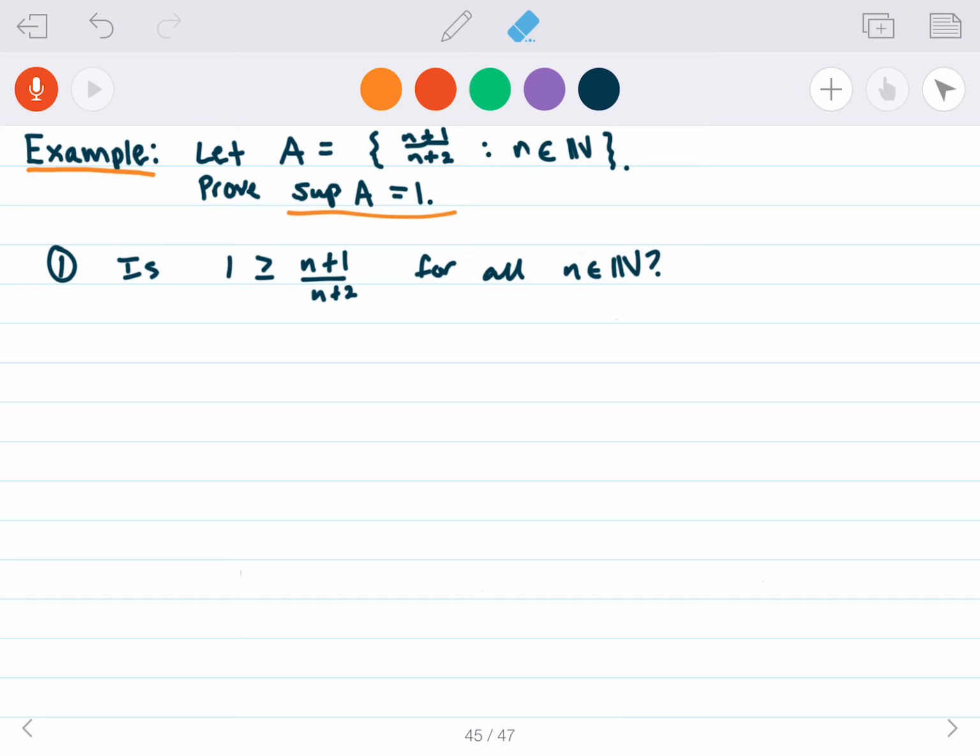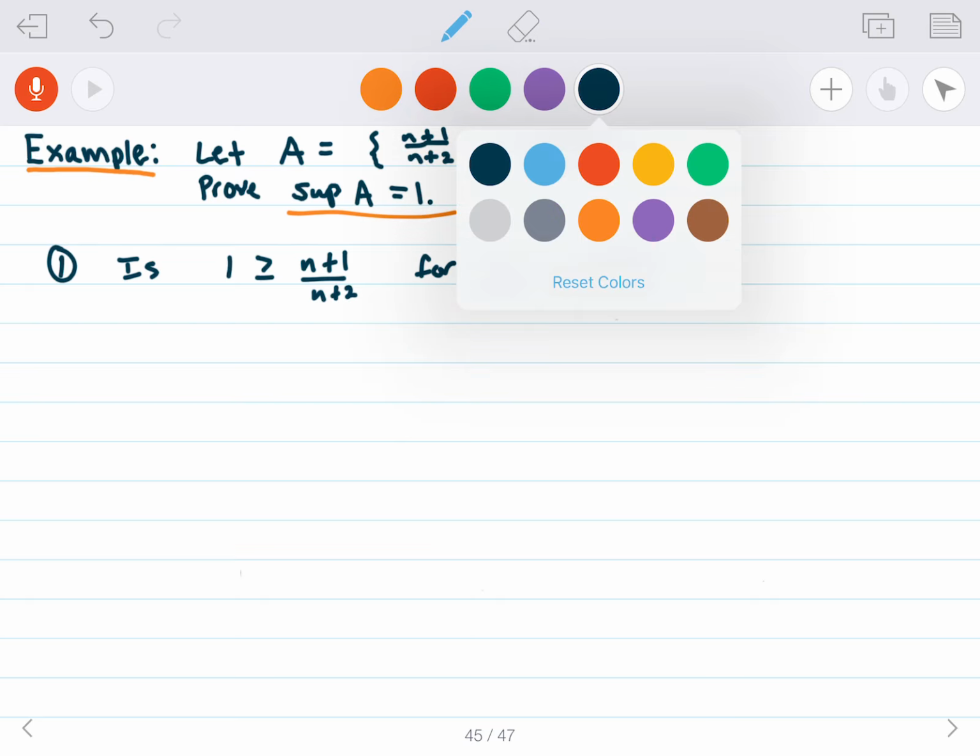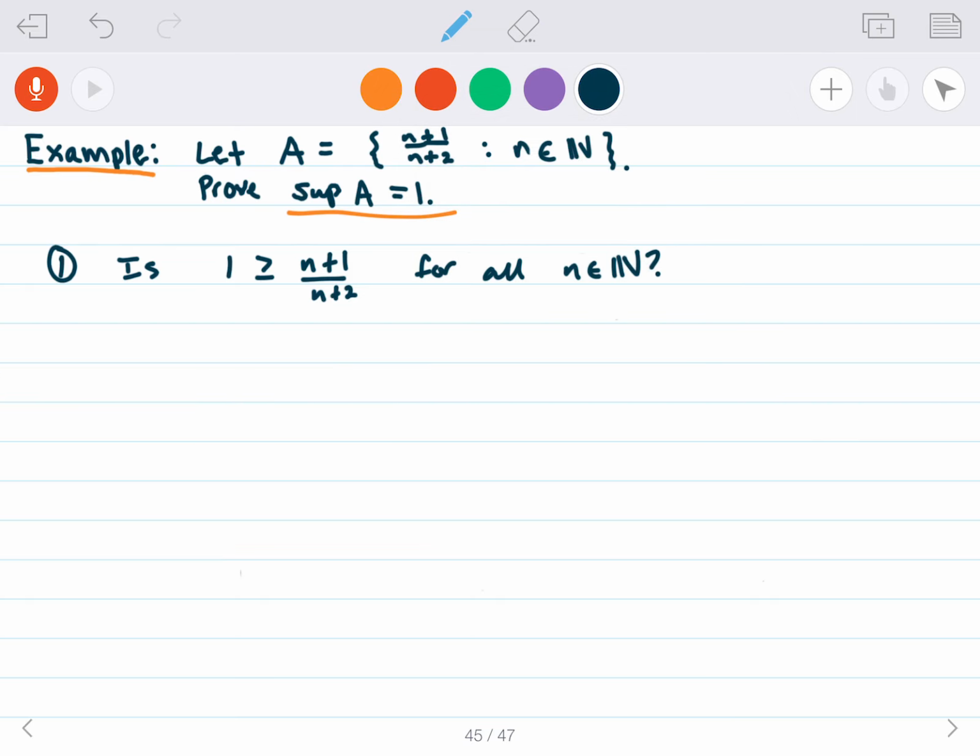Okay, so we can do some algebraic manipulation here with the inequality. Since I have n plus 2 on the bottom, a natural number plus 2 is always positive, and it's never going to be 0. We don't have to worry about division by 0, and we don't have to worry about flipping the inequality sign when we multiply.